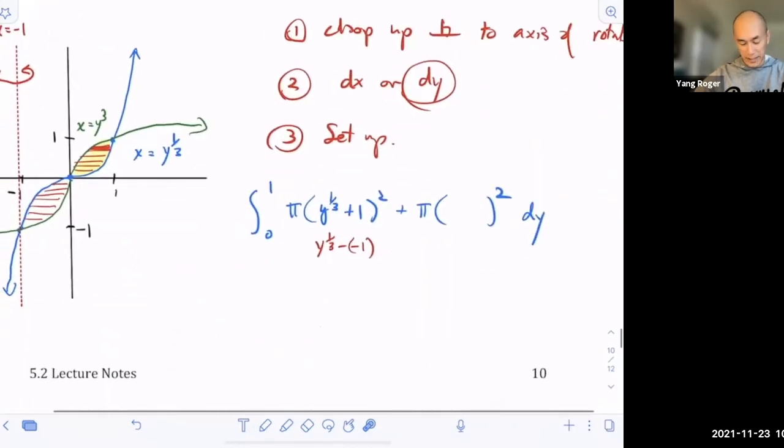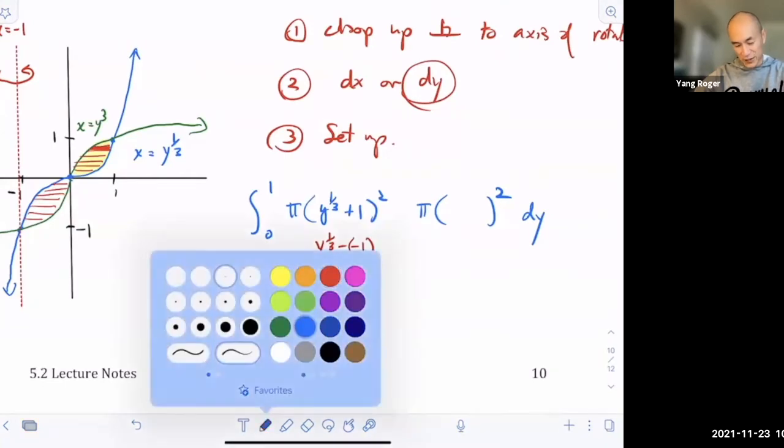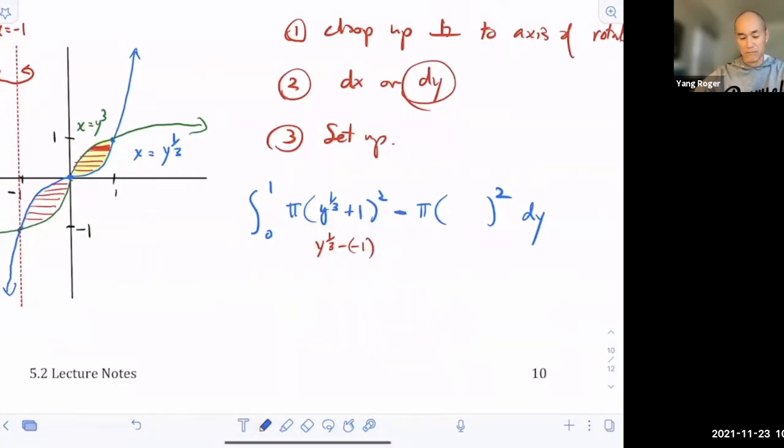But this part here is a typo. So if you're asking me about this, that for sure is a subtraction. So it's still area of a big circle minus area of the small circle. Does that make sense? That was just a blunder. I'm not sure if you're asking about this part or this part. So I fixed this part. This is for sure subtraction.